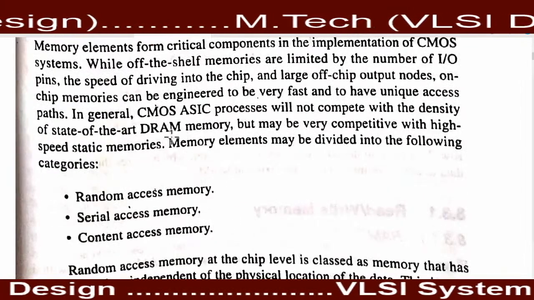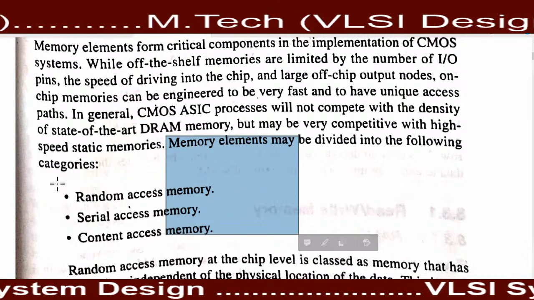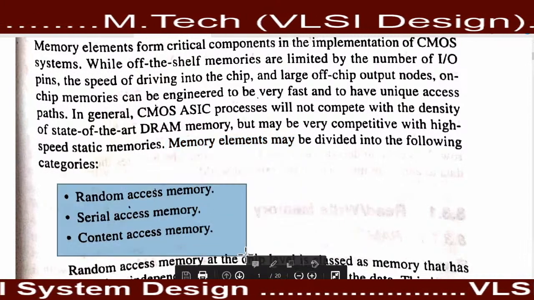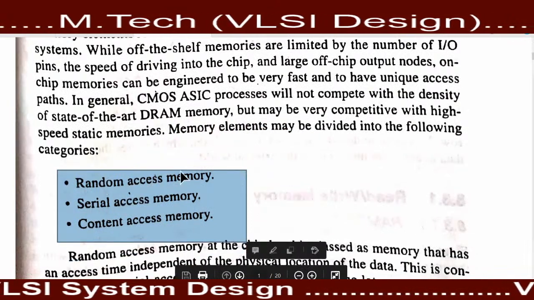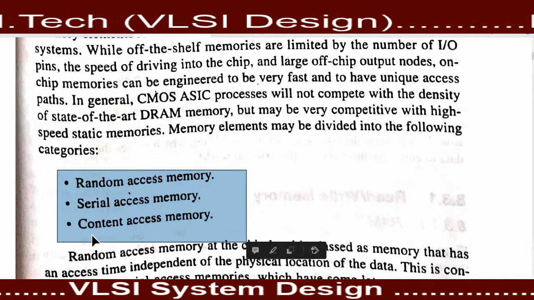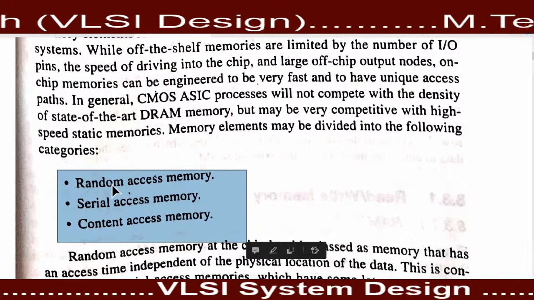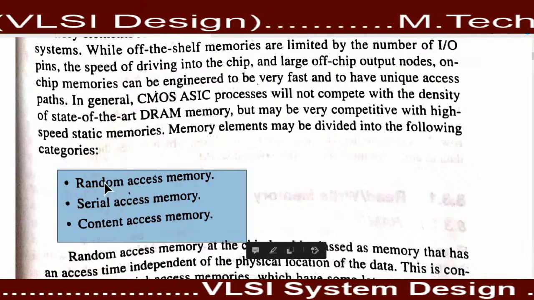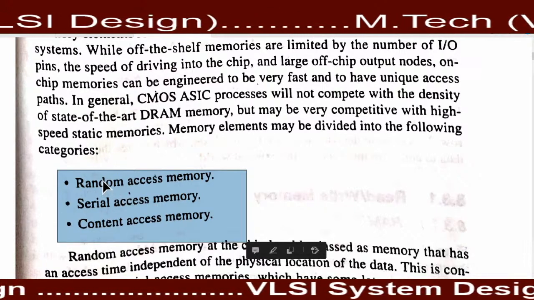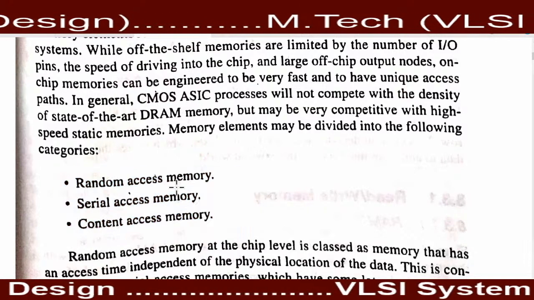Basically, the memory elements can be divided into the following three types. First is random access memory, second is serial access memory, and third is content addressable memory. As the name suggests, random access memory is a memory in which we can access the data randomly.